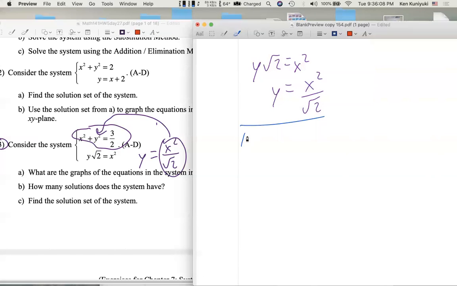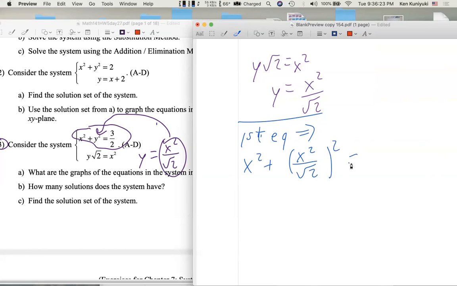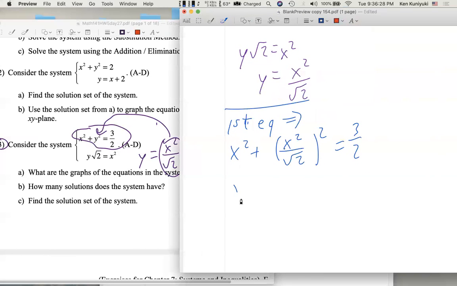So from the first equation, we have x squared plus y, which is x squared over root 2, squared, equals 3/2. When you square a fraction, you square the top and the bottom. The square of x squared is x to the 4th. The square of root 2 is 2, equals 3/2.